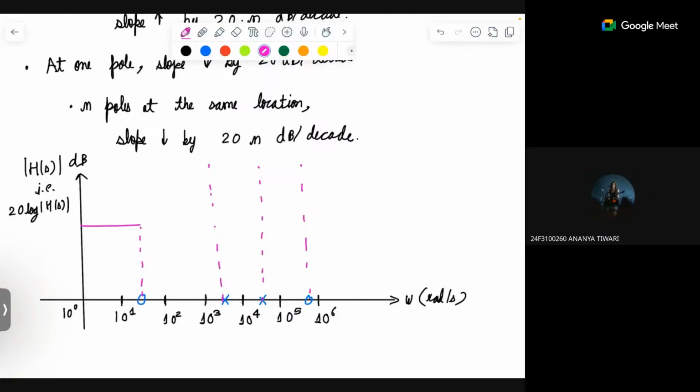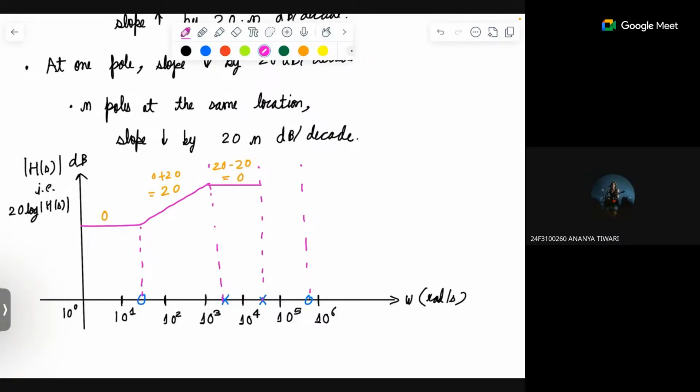Now I encounter a zero. If my initial slope was 0, what will my slope become now? 20 dB. Yes, 20. So here the slope was 0, here it is 20 dB per decade. Now I encounter one pole, so my slope will decrease by 20. So I will have 20 minus 20, which gives 0. Is this clear? Yes, ma'am.